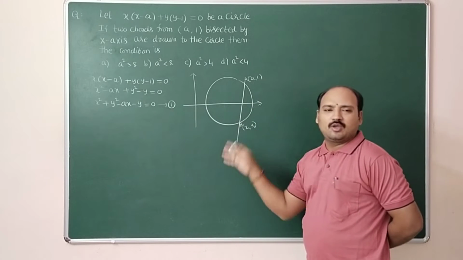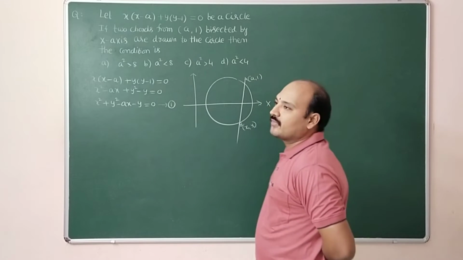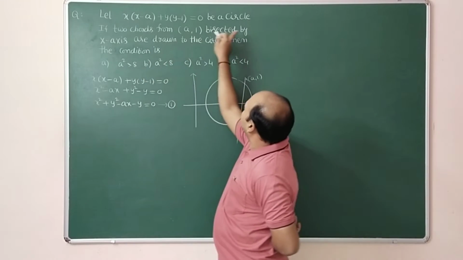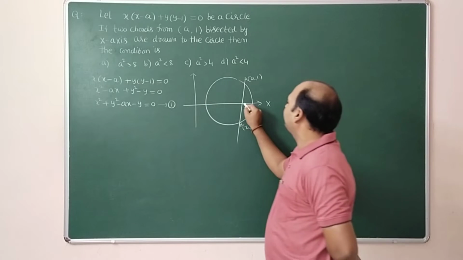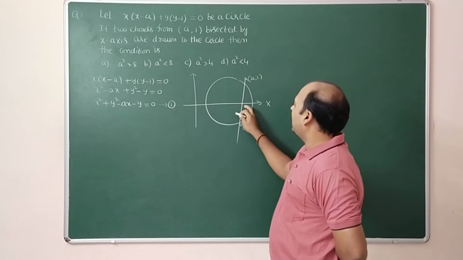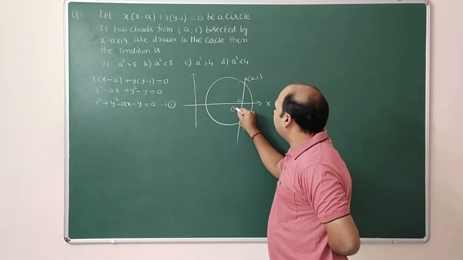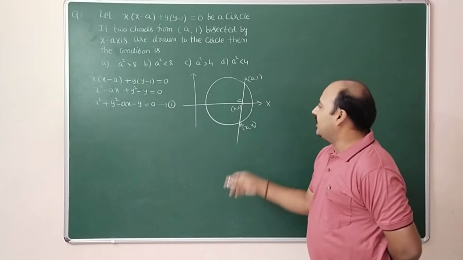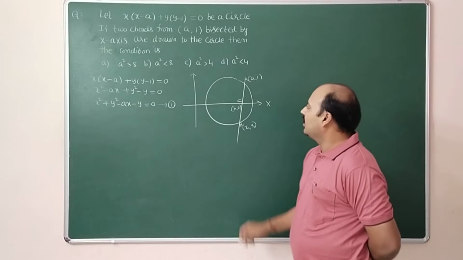You can take AB or PQ, anything. Here, the chord is bisected by the x-axis. So on the x-axis, the coordinate is of the form (x, 0). But I am not taking (x, 0); some point P, C, I am taking as (h, 0). Why? Because the x coordinate is h, and the y coordinate anyway on the x-axis is 0.